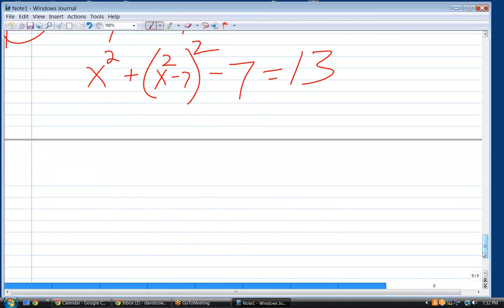Now, wow. Well, let's square it, expand it, and see what we're looking at.